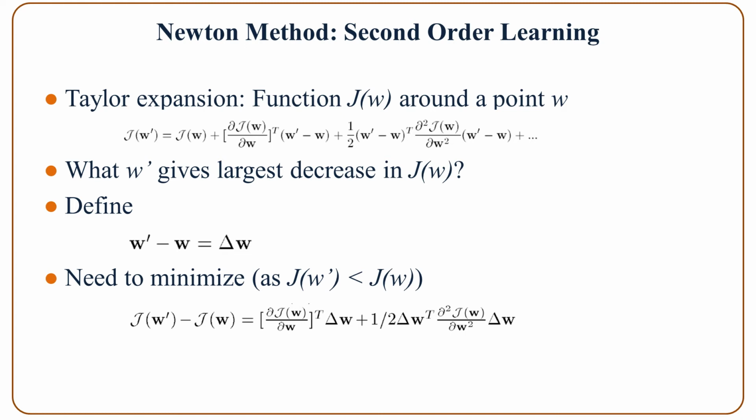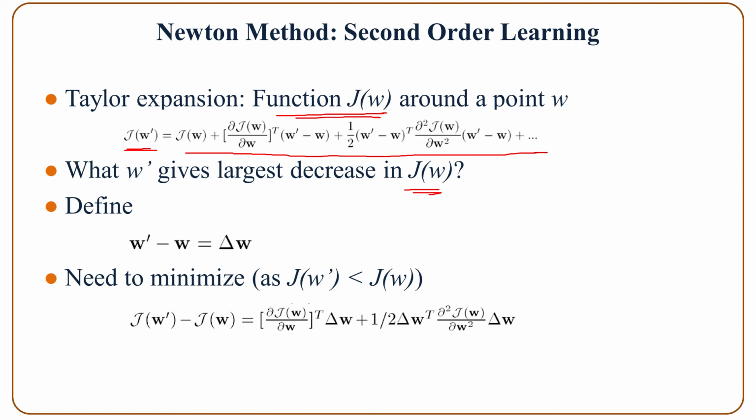Newton method is the last method in this video. We start with the Taylor expansion. Given the cost function J of W, we write J of W prime around the point W. What W prime would give the largest decrease in J of W?